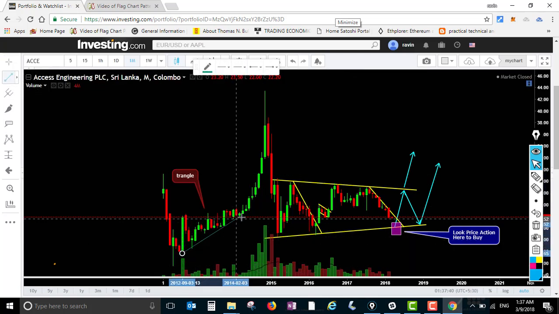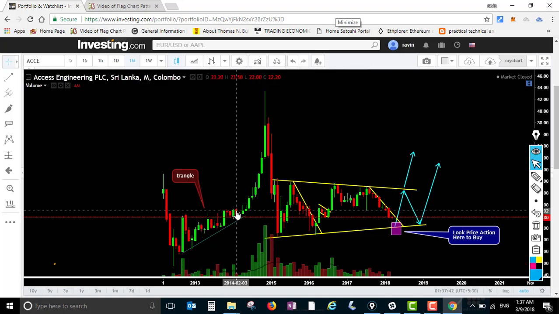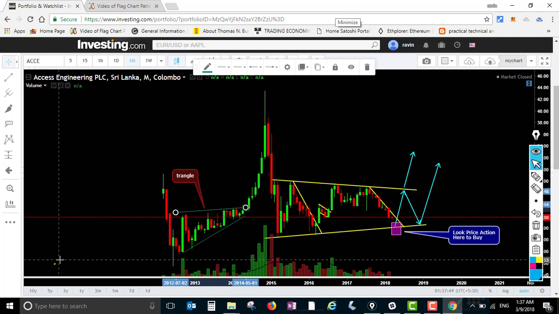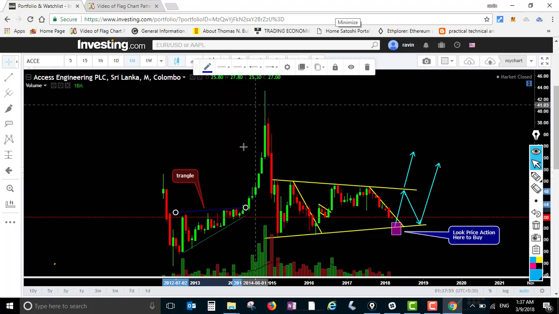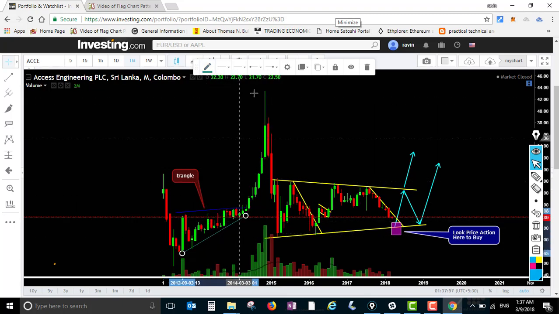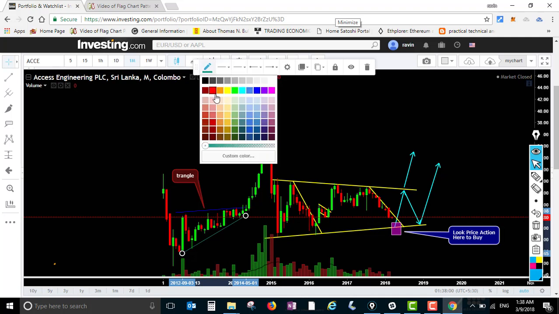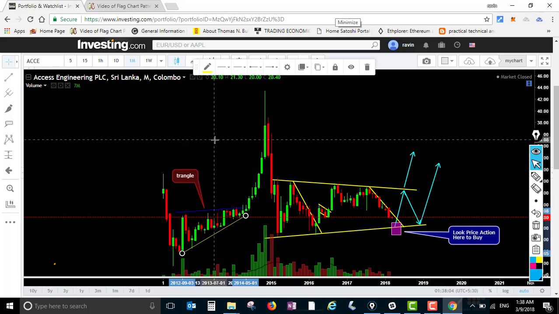For example, let's say this is a triangle and you want to say what type of triangle it is, right? This is a triangle, and you have to say whether it is a symmetrical triangle or a normal triangle. Like that you have to label them, then only you can learn without any issue.